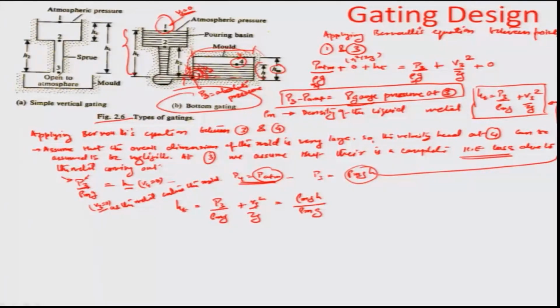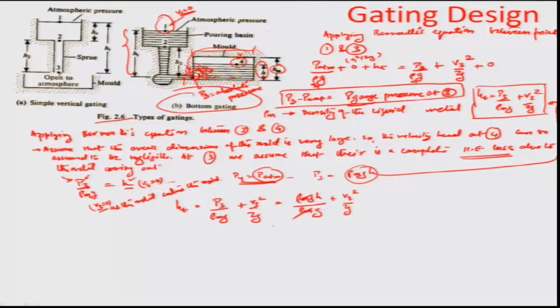Mind you, h is the height at the point 4, that is why I am taking the potential head h here. Okay. So, rho m g plus V3 square by 2g.